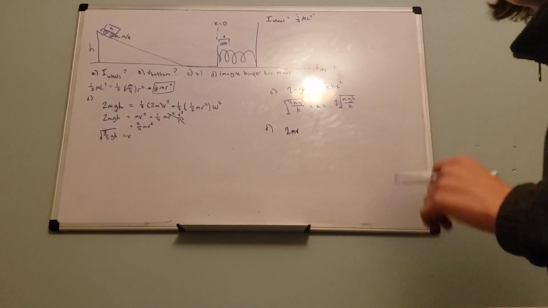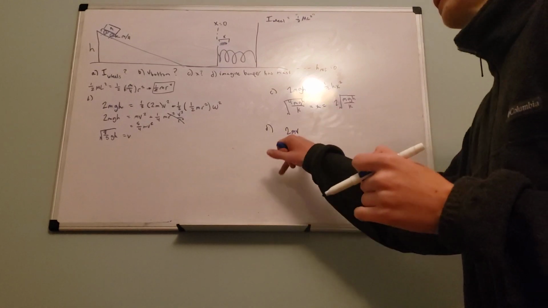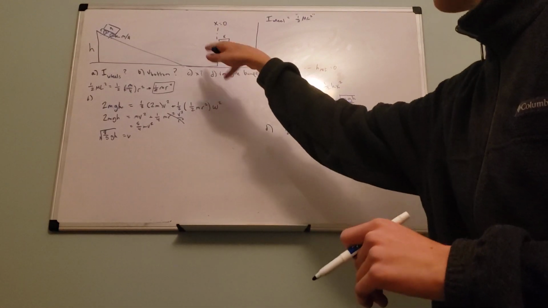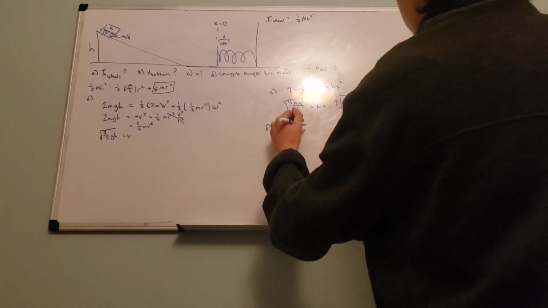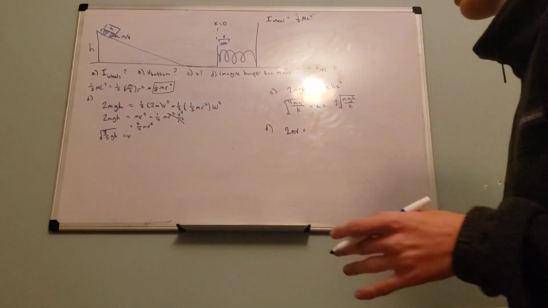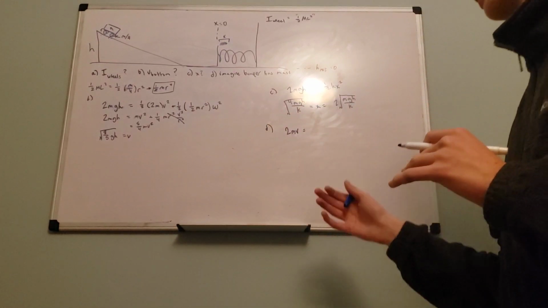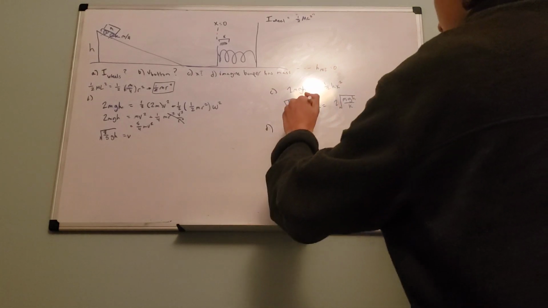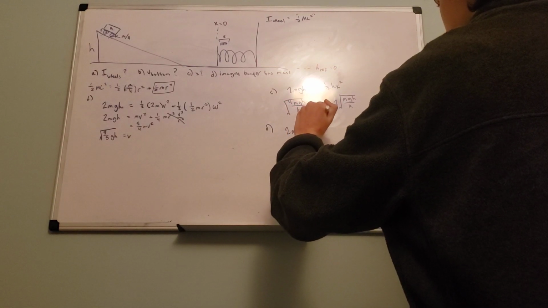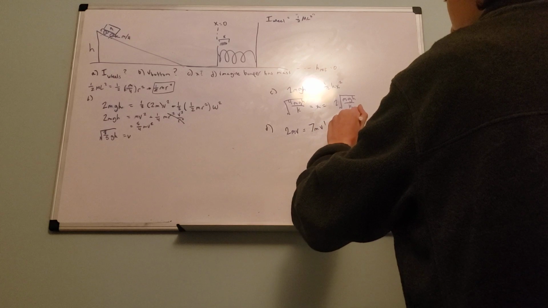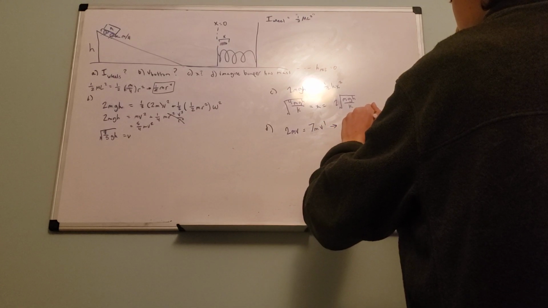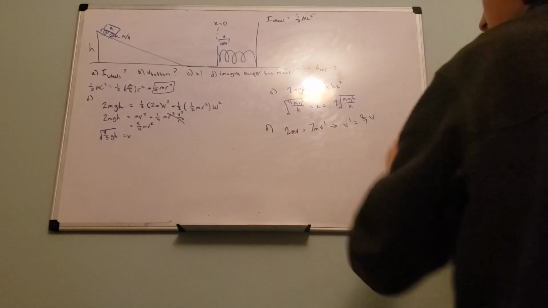So initial momentum is the momentum of the cart, 2m v, plus the bumper, which has no momentum. Final momentum, since it's inelastic, they have the same velocity, and the total mass is 2m plus 5m, that's 7m v prime. So you can say that v prime is equal to 2/7 v.